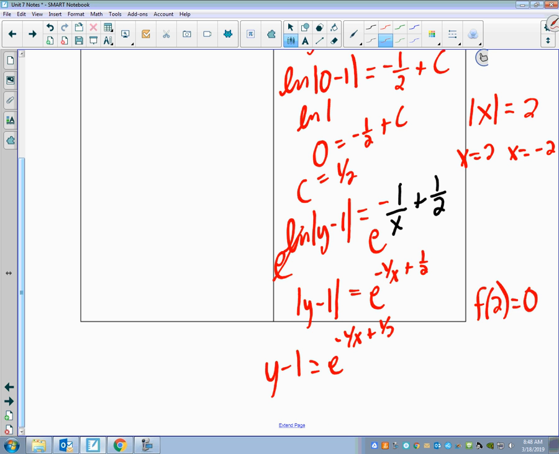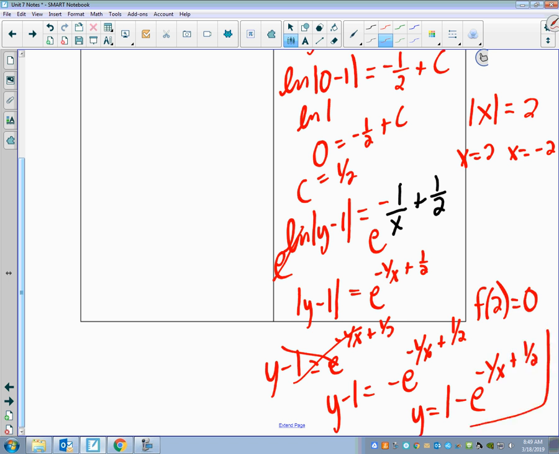So we need this to say y minus 1 equals negative e to the negative 1 over x plus 1/2. So you're still dropping the absolute value bars, but we want the negative solution to that absolute value based on the initial value. So my final answer is going to be, and you add the 1 over wherever you want to do it, 1 minus e to the negative 1 over x plus 1/2.